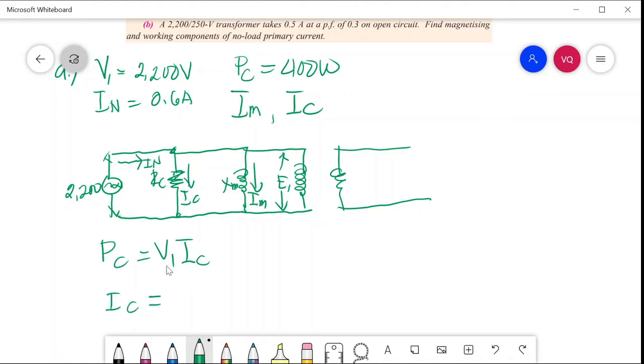So IC is equal to 400 watts divided by 2,200. That is equal to 0.182 amperes.